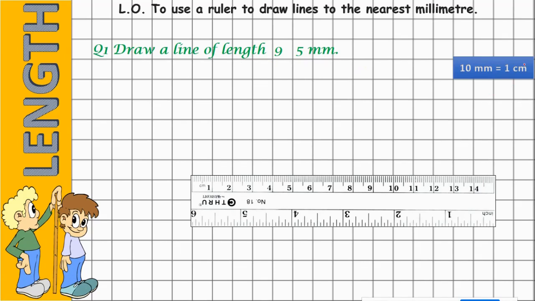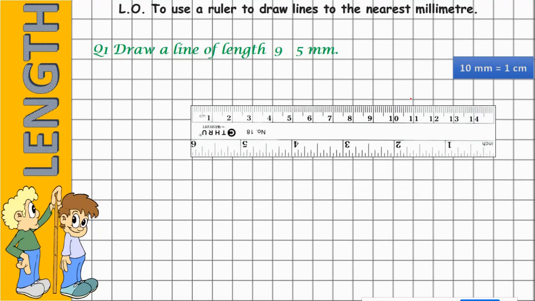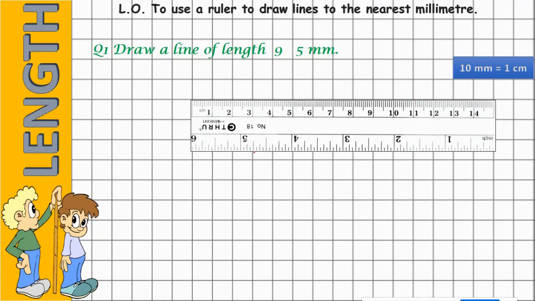We know that 1 centimeter is equal to 10 millimeters. So let's place the ruler first. Let's mark the 0 point. And since it is 95 millimeters, let's count in tens.